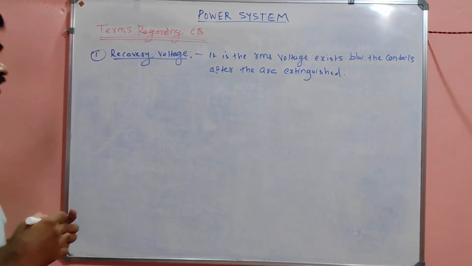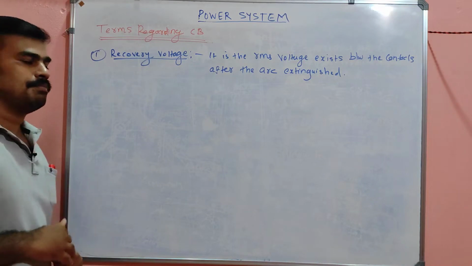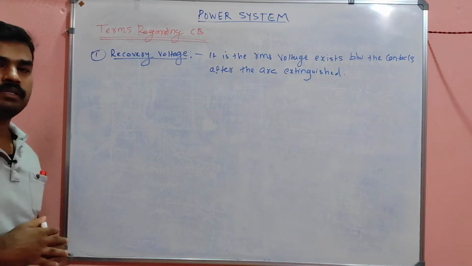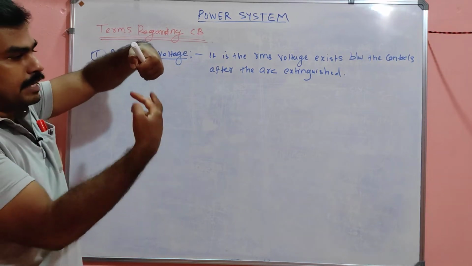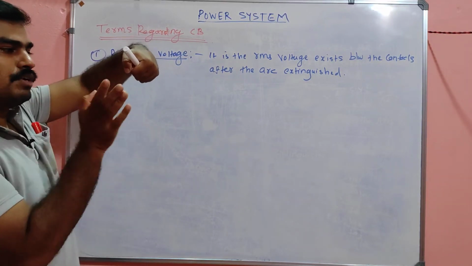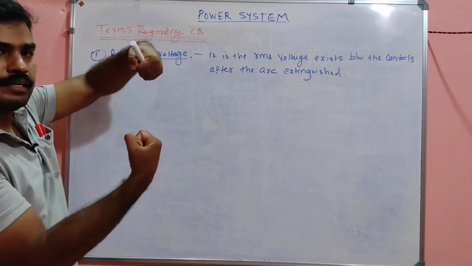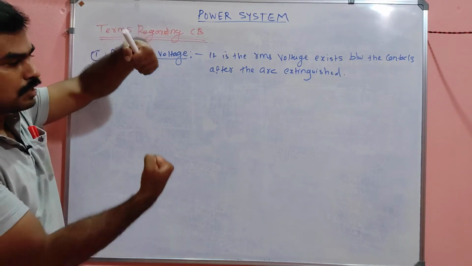After the arc is extinguished. So recovery voltage is nothing but, my dear, I already told you in the circuit breaker session that there is a break in the circuit, there will be an arc. As soon as we remove this arc, there will be an insulator, so that the circuit will be in break condition.